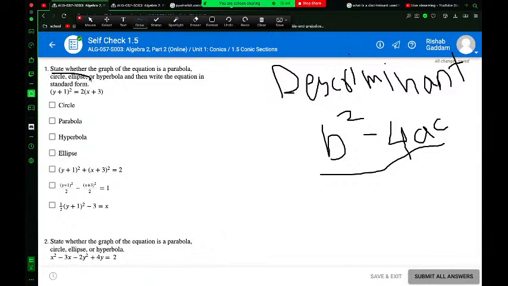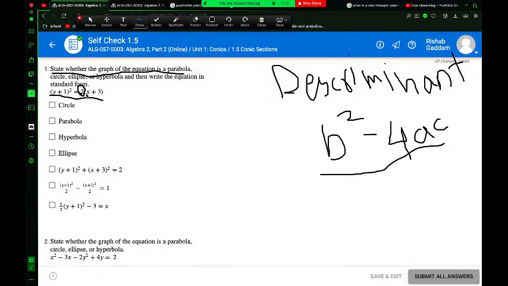State whether the graph of the equation is a parabola, circle, ellipse, or hyperbola. Then write the equation in standard form. So we're gonna have to find out the A, B, and C for this. We already know that 2 is the A here, so let's bring this over and make this into standard form.